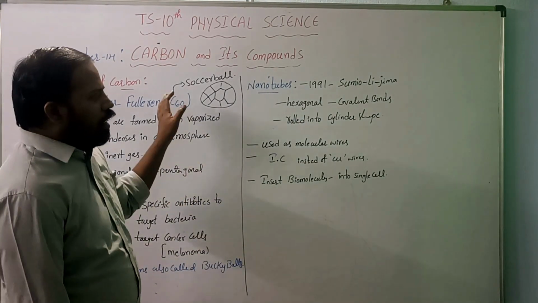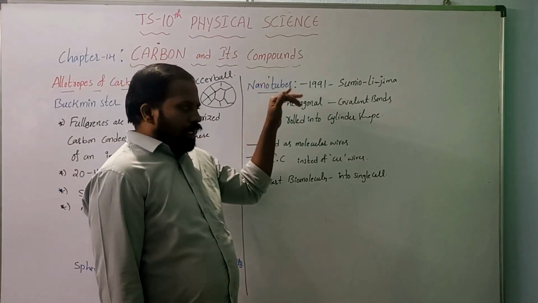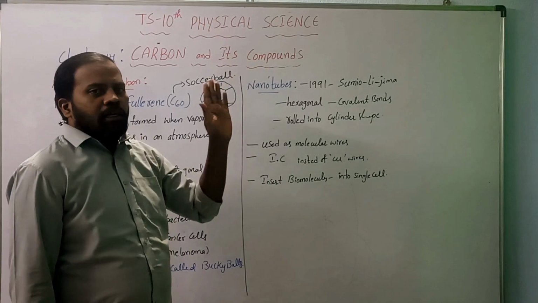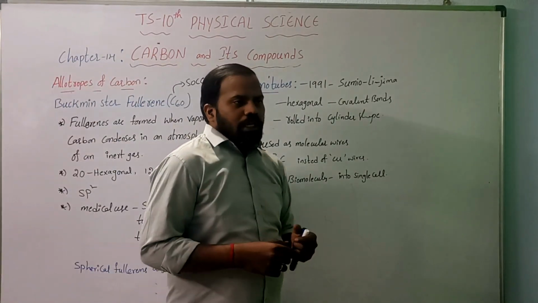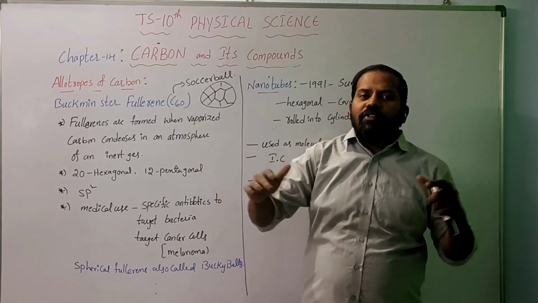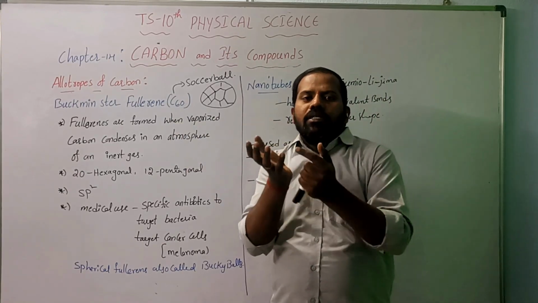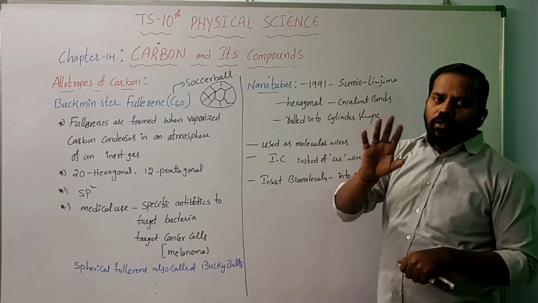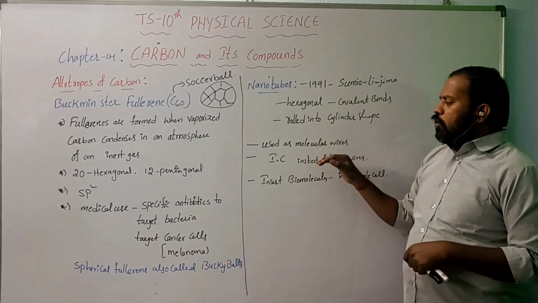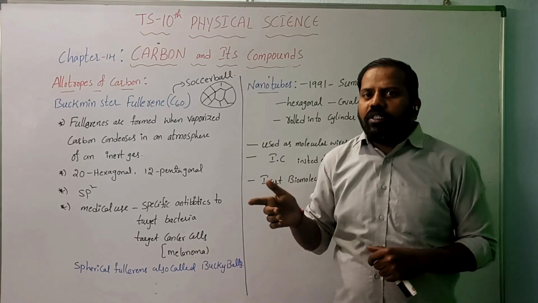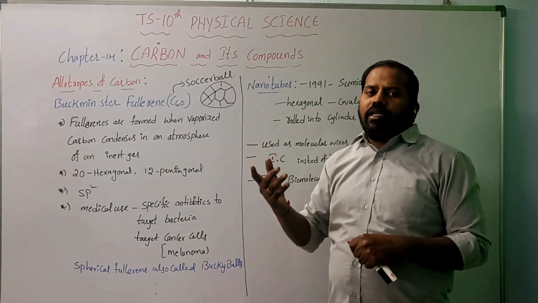Another form of allotrope is nanotubes. They were discovered by Sumio Iijima in 1991. Compared to graphite, which is in the form of thin sheets, these are arranged in a cylindrical shape, so we call them nanotubes. They are used in integrated systems to carry more information instead of copper wires, and they can pass an electric current.